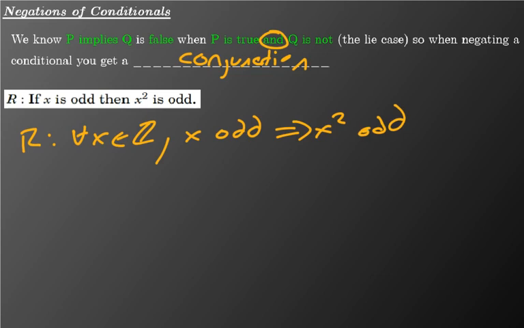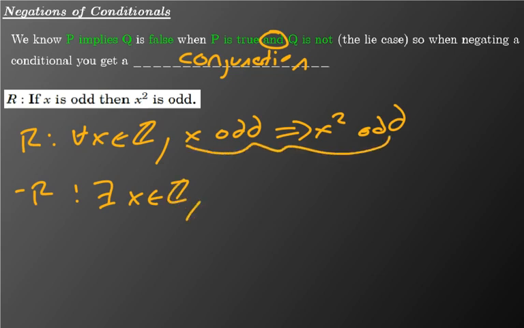If I want to negate this, I'm going to switch my for all to a there exists X in Z. And then this part needs to convert. I'll take it one step at a time.